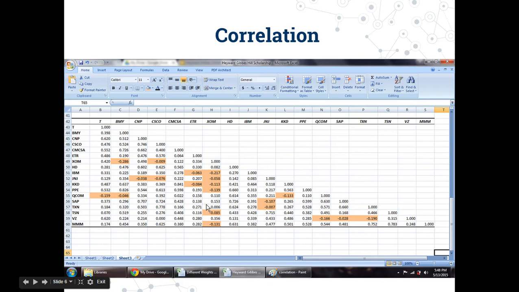As you can see, this is the correlation between the stocks in the portfolio with one another. The ones that are highlighted in orange show negatively correlated stocks, and as you can see, the ExxonMobil stocks are the ones that are mostly negatively correlated with a lot of the other stocks in the portfolio.